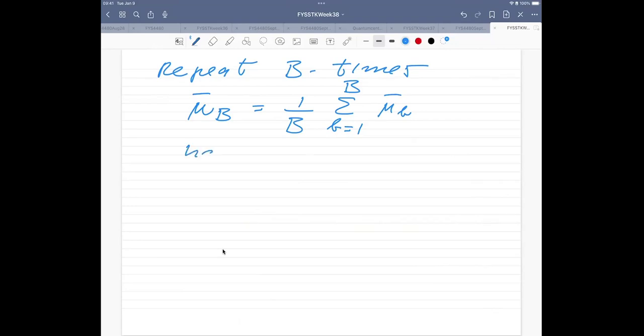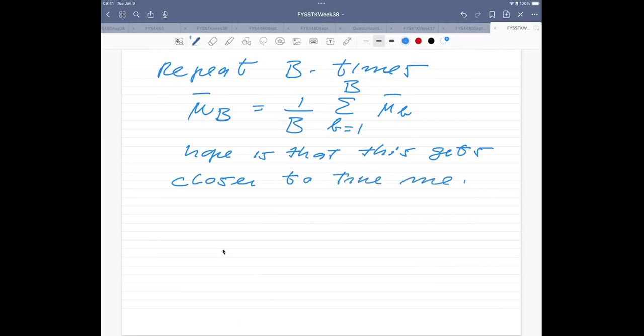So the hope is that this gets closer to the true mean. Then with that quantity, we can also calculate the variance.